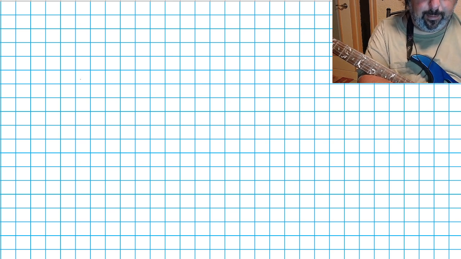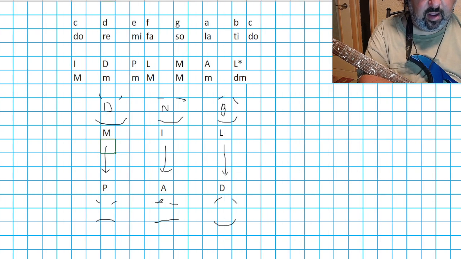So, for example, going back to this idea here, one pattern that I'm going to show you is going to work for Mixolydian and Phrygian. Another pattern is going to work for Ionian and Aeolian, and the third and final pentatonic pattern is going to work for Lydian and Dorian.